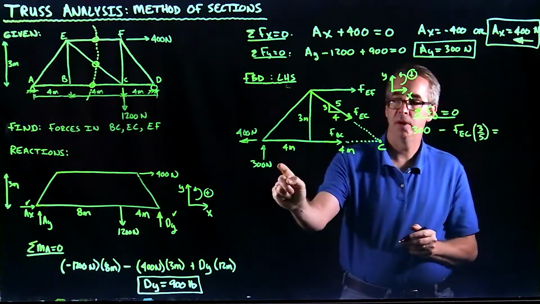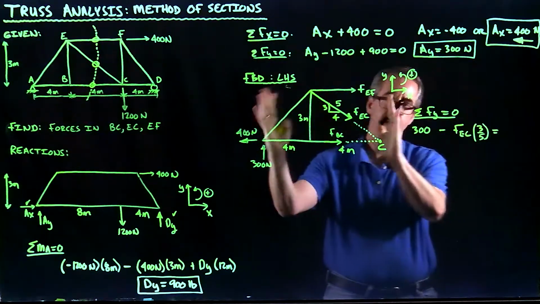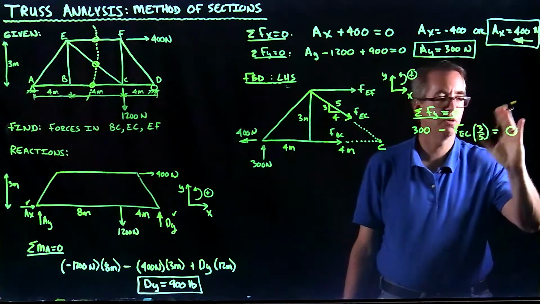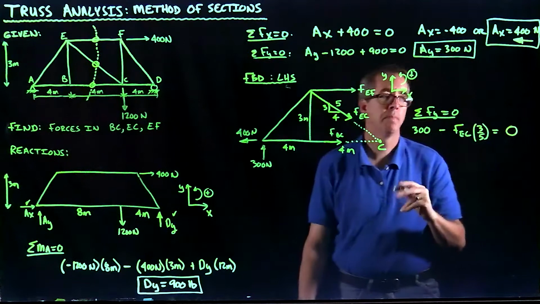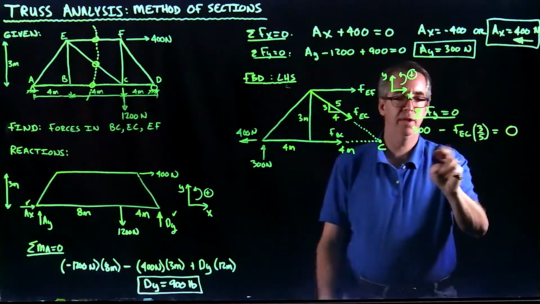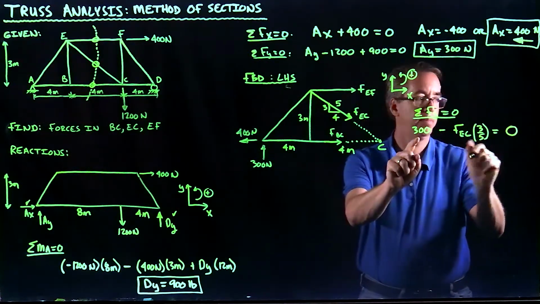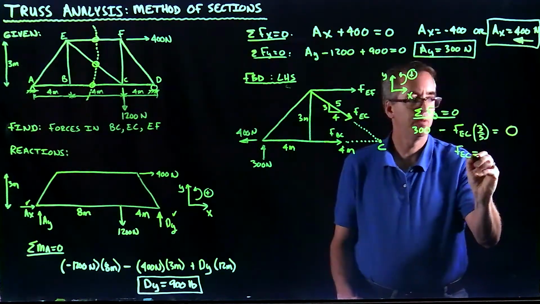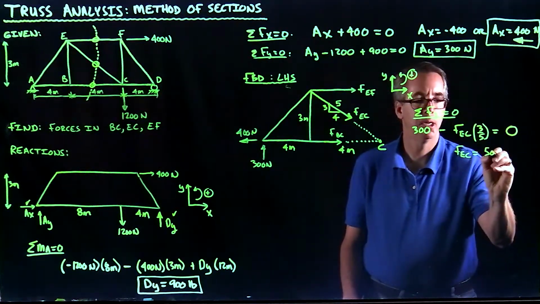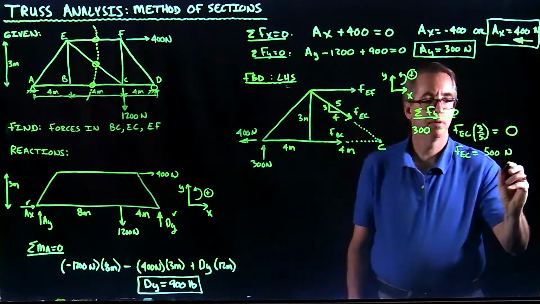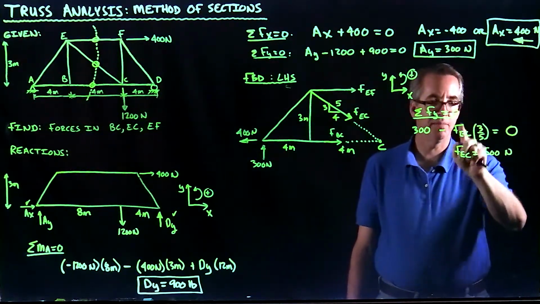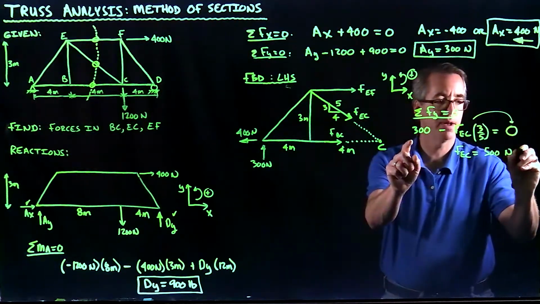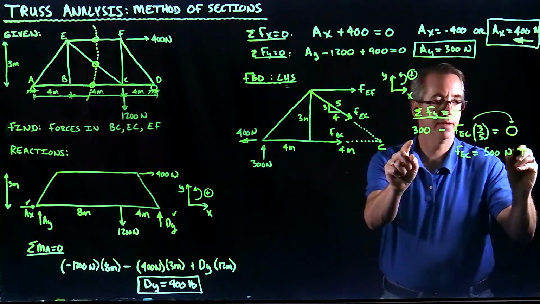I've got 300 newtons going up. On the left-hand side here, I have no other vertical reactions or vertical components. So when I solve for this, I'm going to have 300 divided by 0.6. FEC will come out to be 500 newtons, okay? And since it came out positive, meaning if I take this term and move it over when I solve, everything's positive, that means I was correct. So it is in tension.